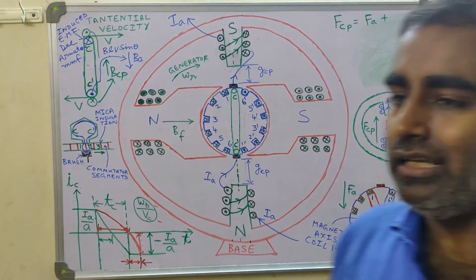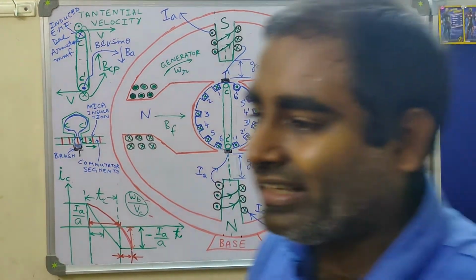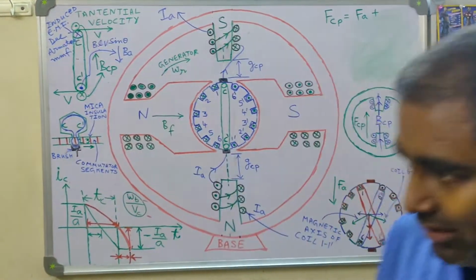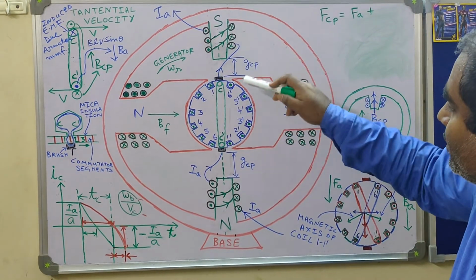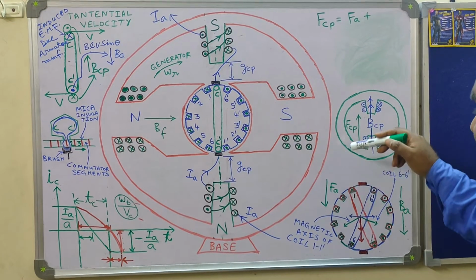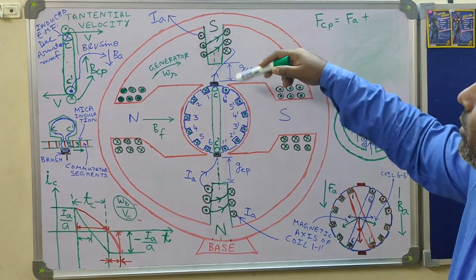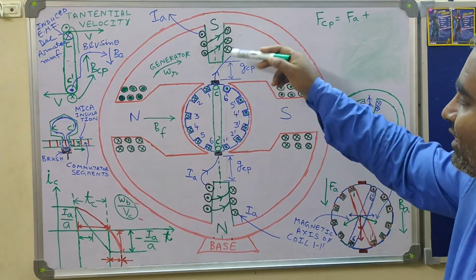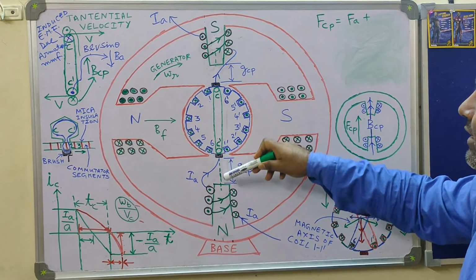So if the loading changes and armature current changes, the interpole MMF also changes automatically, because they carry the same current as the armature.